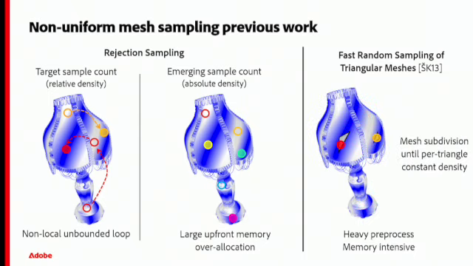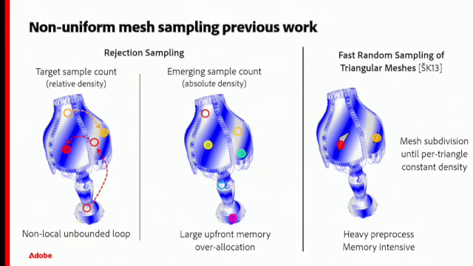The work of Sik and Krivanek, instead of using a rejection sampling method, subdivides the mesh until they reach a constant density over a triangle, which is of course very easy to sample, but requires a lot of memory, because if you have a very high-resolution density map, you have to subdivide a lot to reach a constant density.